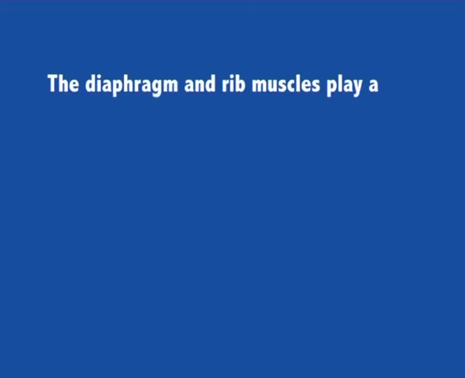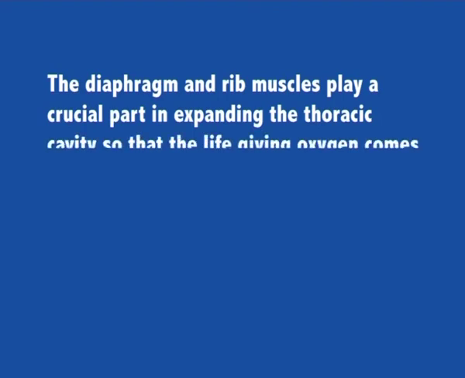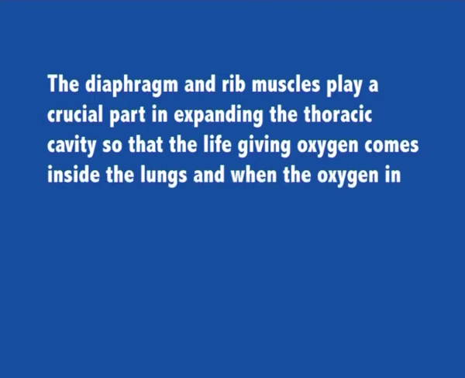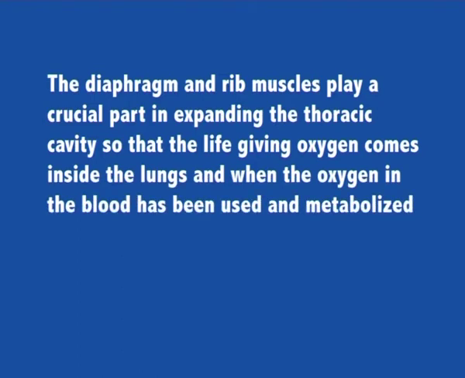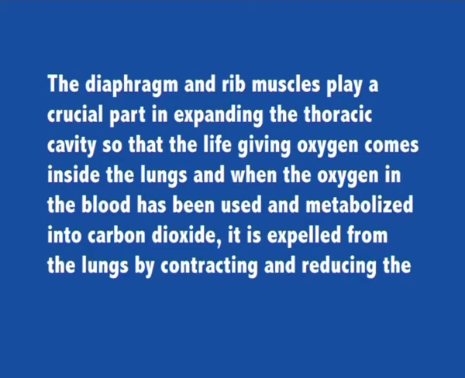So, it is now clear that the diaphragm and rib muscles play a crucial part in expanding the thoracic cavity, so that the life-giving oxygen comes inside the lungs, and when the oxygen in the blood has been used and metabolized into carbon dioxide, it is expelled from the lungs by contracting and reducing the size of the lungs, very much in the same manner as the air escapes from a balloon, albeit not that fast.